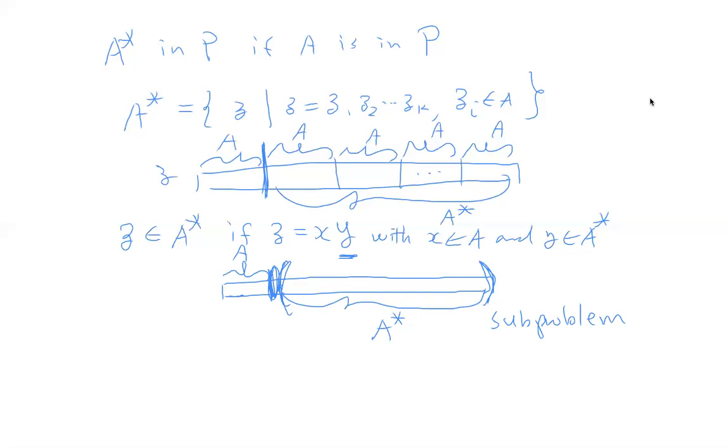So how many subproblems do we have? If given input Z, the length is n, then we have n subproblems. So what are the dependencies?